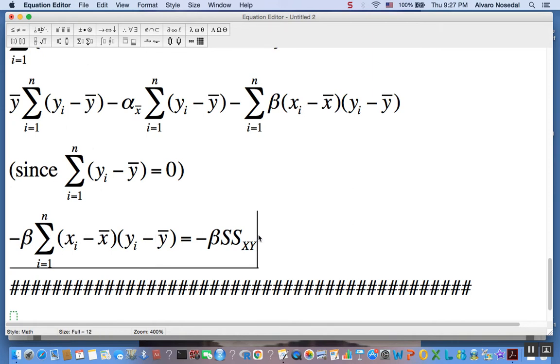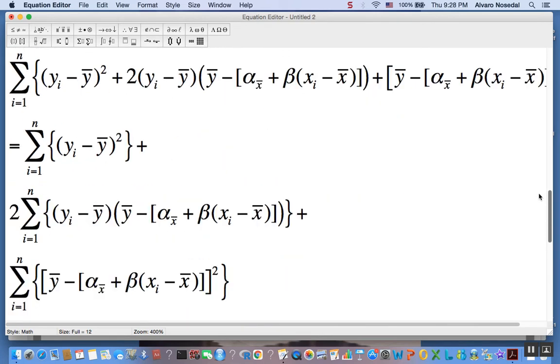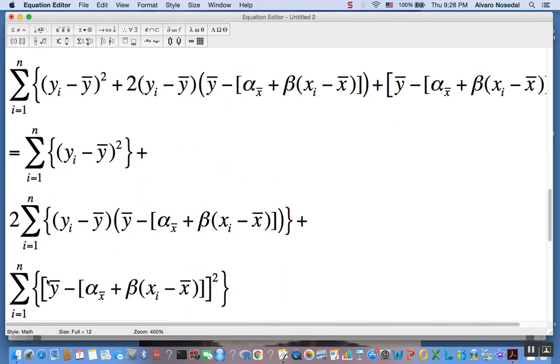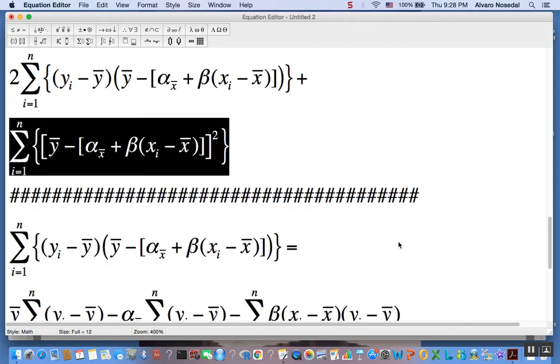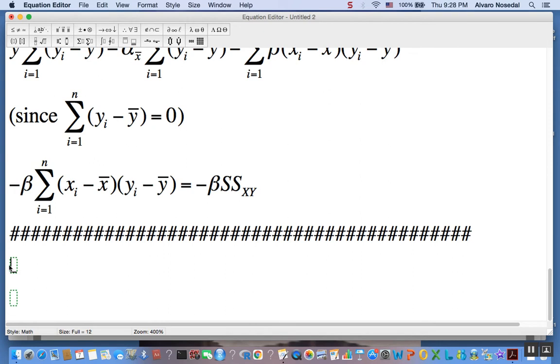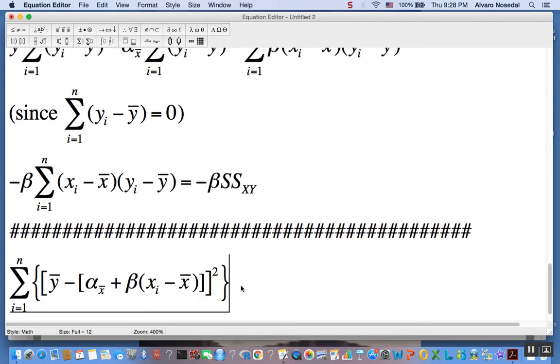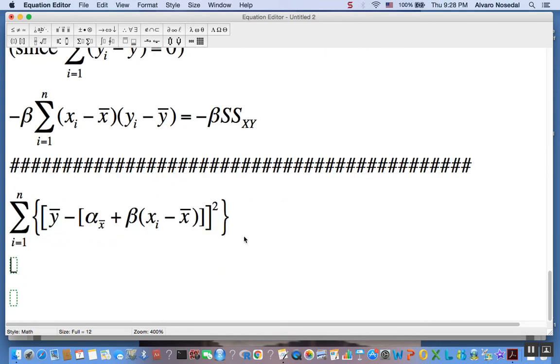Okay, so now the second term looks nicer. Let's talk about this one here. Let's try and simplify that one, and then we will be done with that part. And that's going to be very important for obtaining the likelihood.